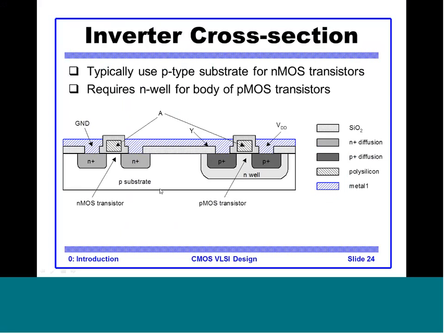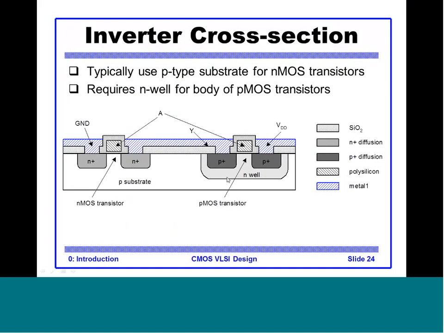Typically, the substrate, that is the silicon wafer, is doped with p-type material, with a group 3 impurity, to make a p substrate. Since the NMOS transistor needs a p substrate, the N+ doped regions can be directly diffused here to make the source and drain of the NMOS transistor.